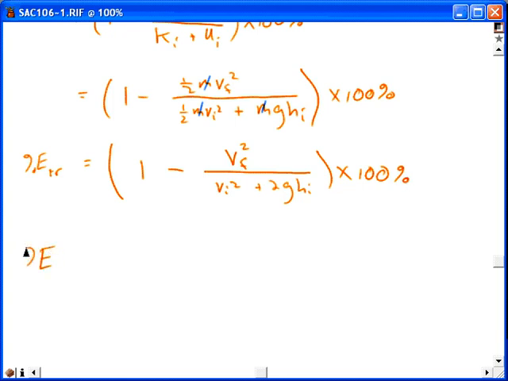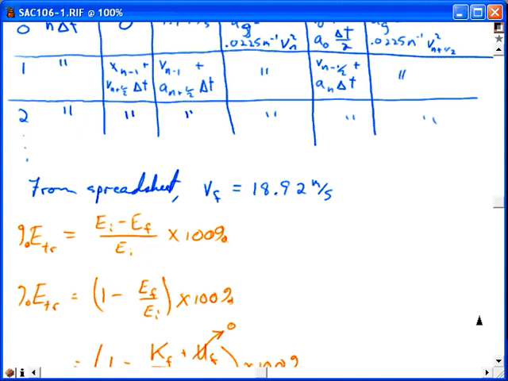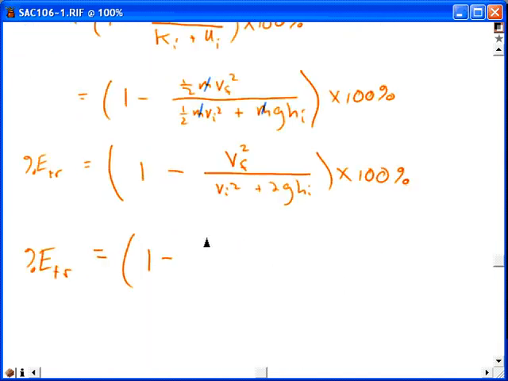Or the percent transferred is equal to, let's go ahead and substitute values with the units. We got 1 minus vF, 18.92 meters per second, and the vI was 7.77 meters per second.